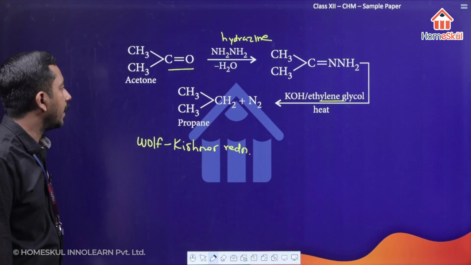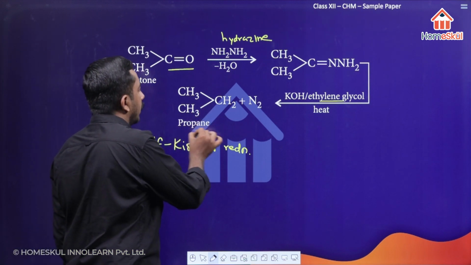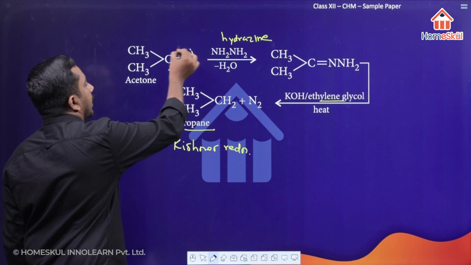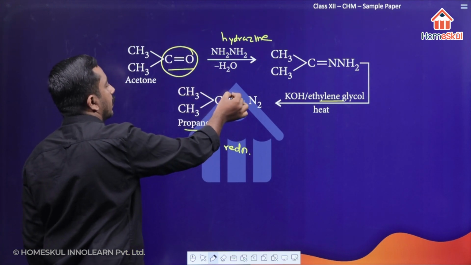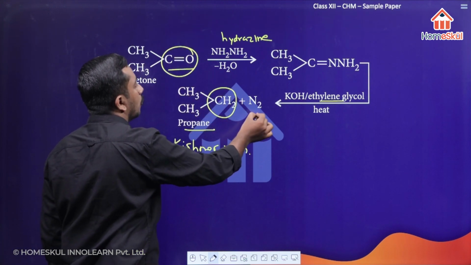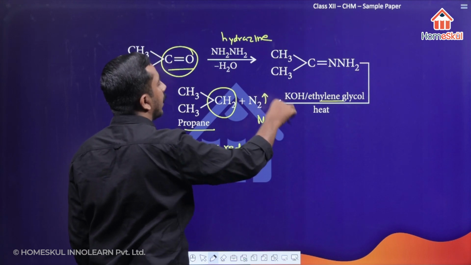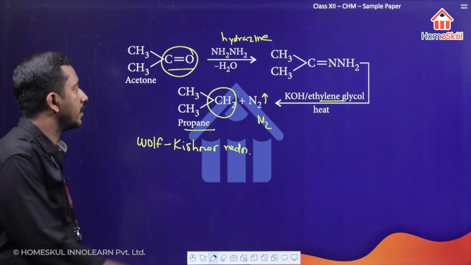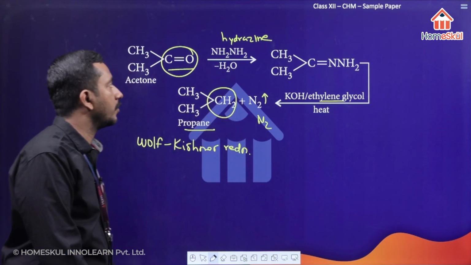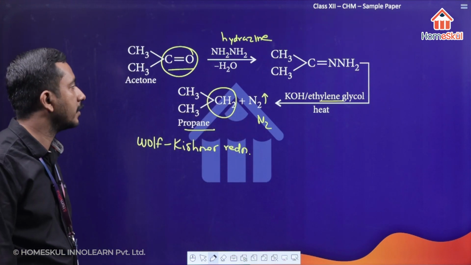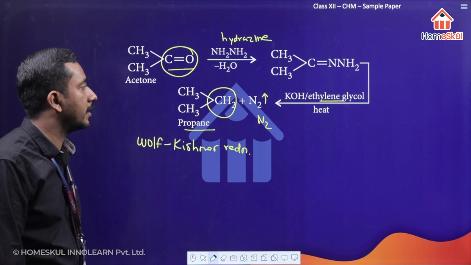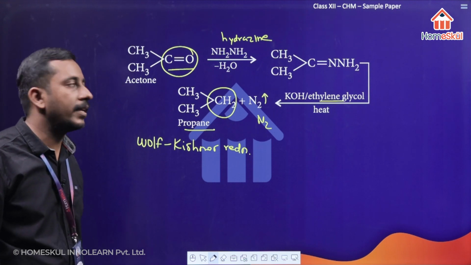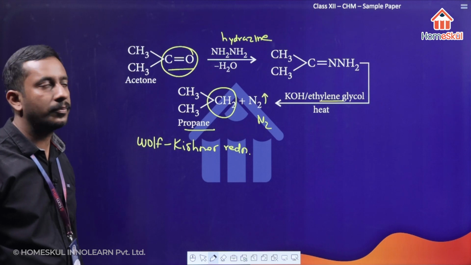And then we will obtain the required compound, propane. We can see that the carbonyl group that is present here is getting converted into a CH2 group and nitrogen gas will be eliminated. So the name of the reaction is Wolff-Kishner reduction. These are the steps that we have to follow. This is a two-step reaction. First is the reaction with hydrazine and the second step is the reaction with KOH in a high boiling solvent like ethylene glycol.